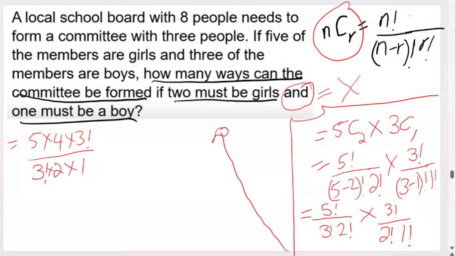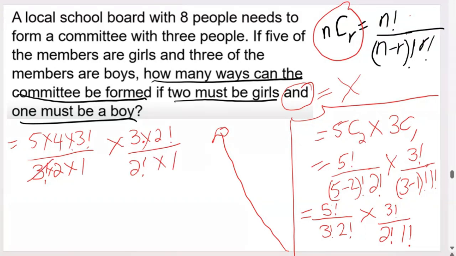And then multiplied by, on my numerator, I've got 3 factorial. So let me write 3 factorial as 3 multiplied by 2 factorial. And I'm going to divide by 2 factorial. 1 factorial is just equal to 1.